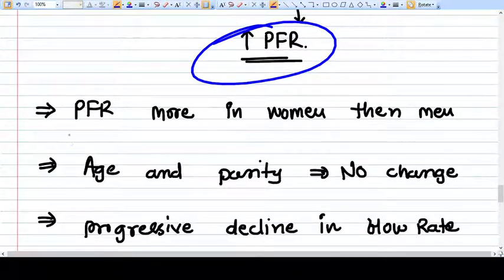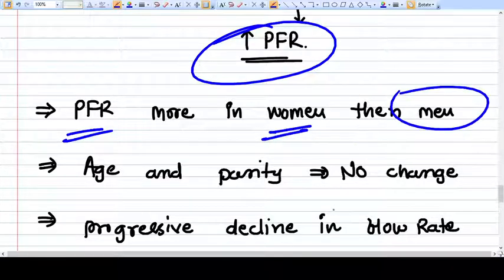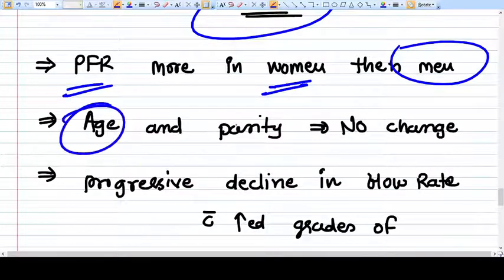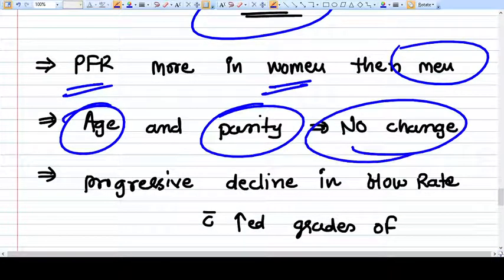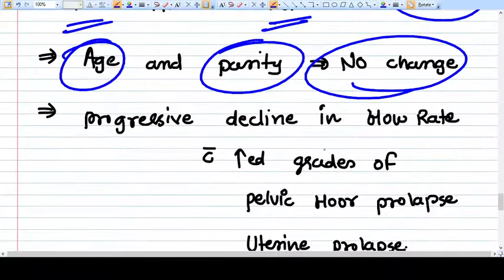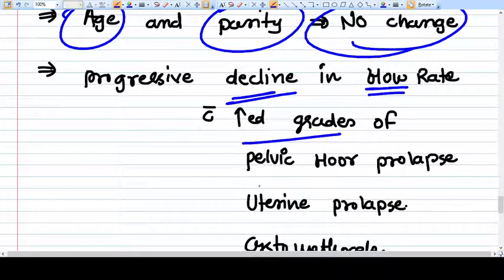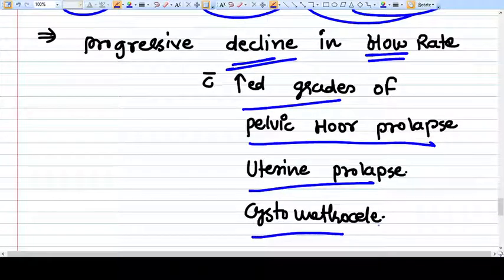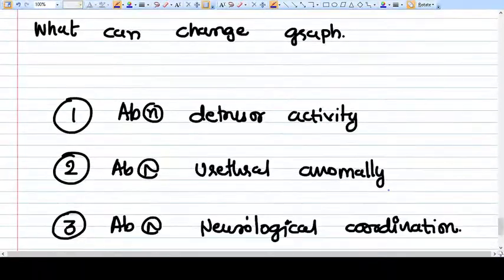Peak flow rate is more in women than in men because of the urethral anatomy difference. Age and parity do not change the peak flow rate. A progressive decline in the flow rate is seen in increasing grades of pelvic floor prolapse, uterine prolapse, and cystourethrocele.